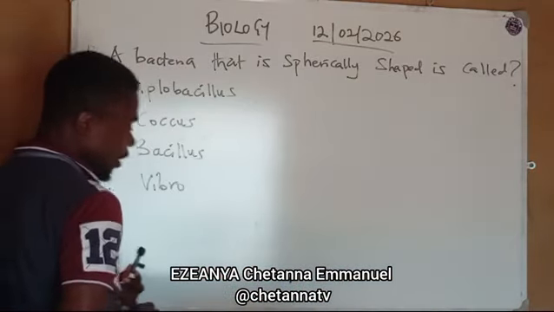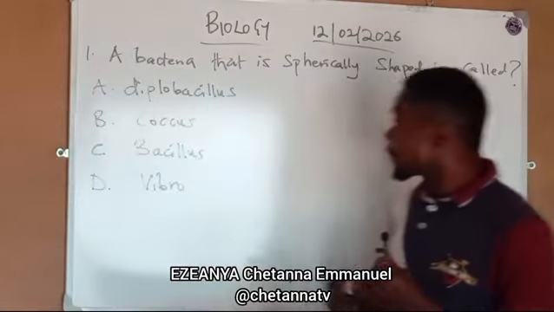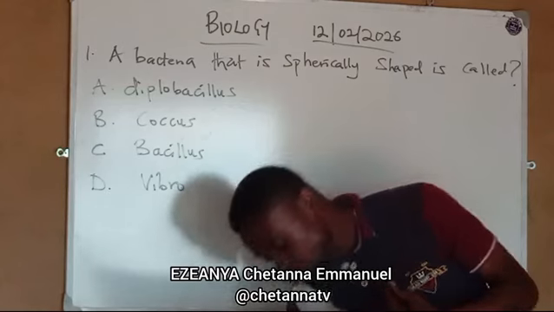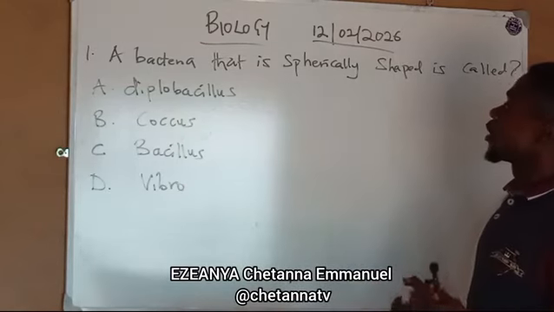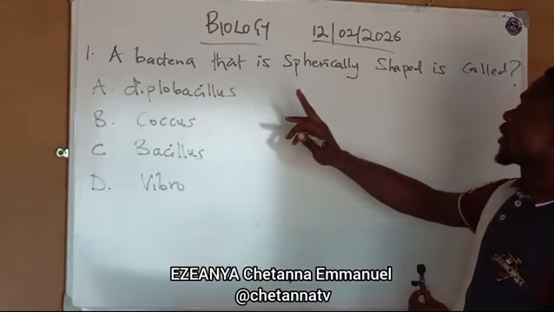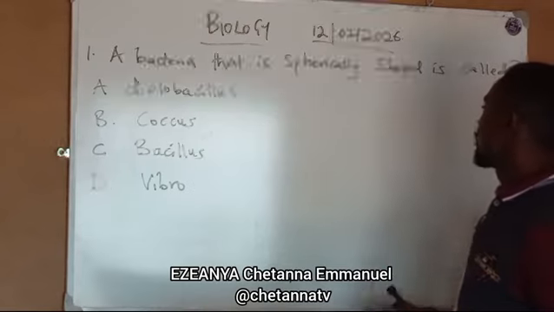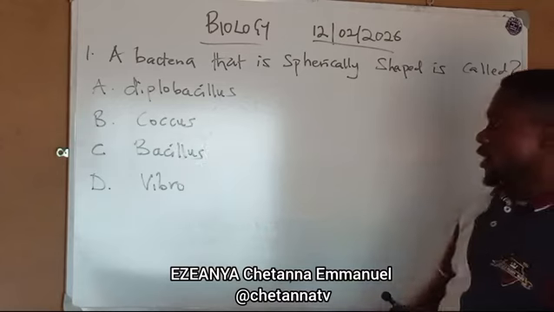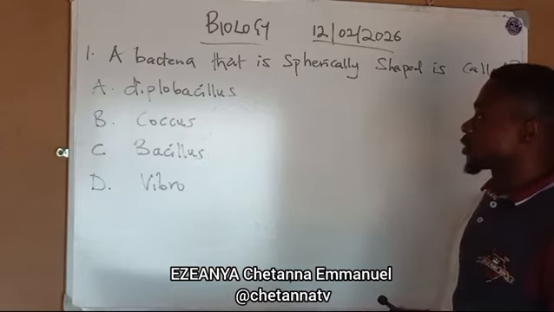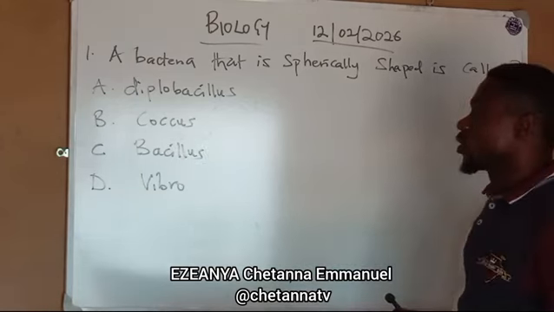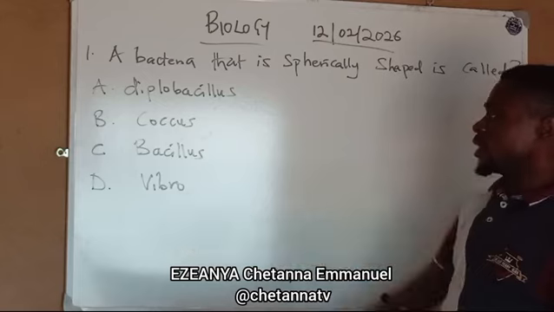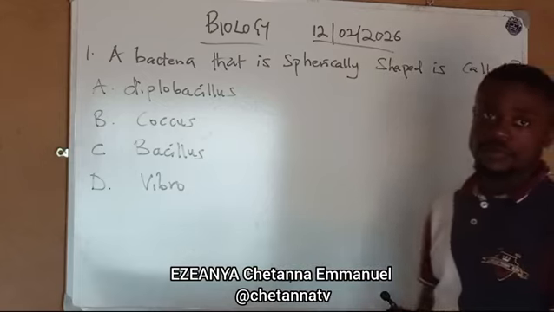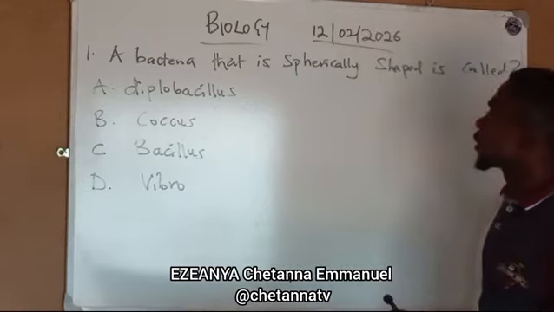I don't know if this is clear. All right, the first question says: a bacteria that is spherically shaped is called A. Diplobacillus, B. Coccus, C. Bacillus, D. Vibrio.